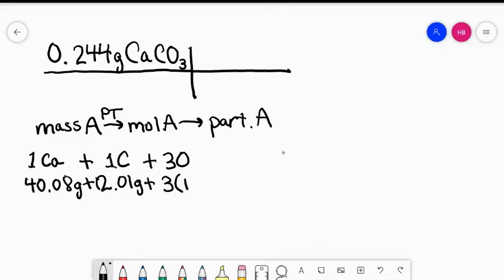These are coming from your periodic table of the elements. I'm going to add 3 oxygens. So it'll be 3 times the molar mass of oxygen, which is 16.00 grams. I'm going to add all of that up in my calculator, and that's going to give me the molar mass of calcium carbonate, which is 100.09 grams per mole.